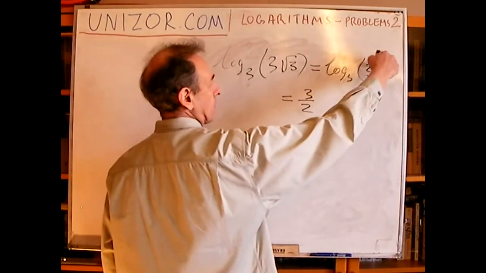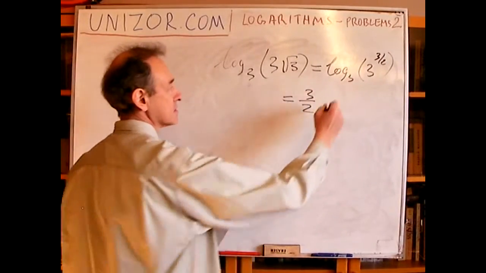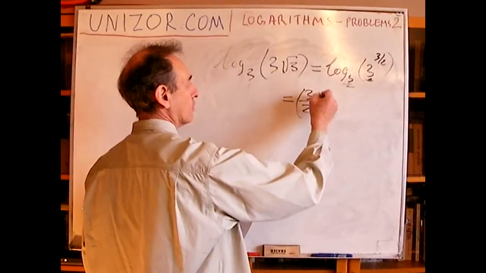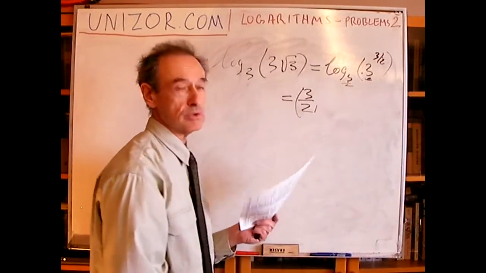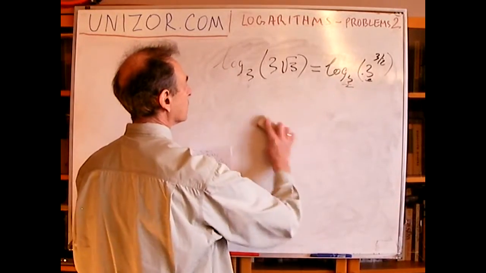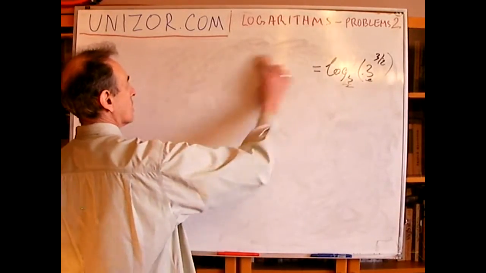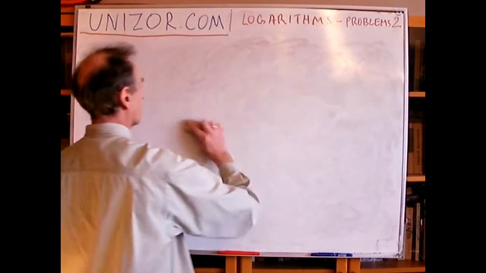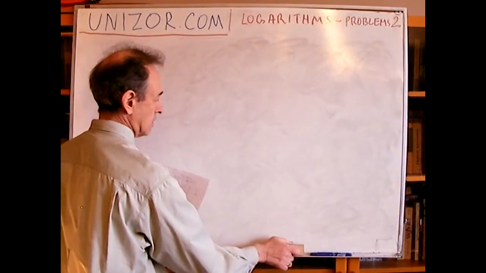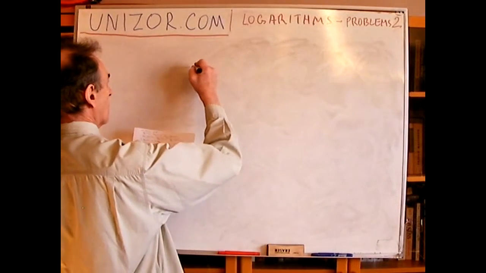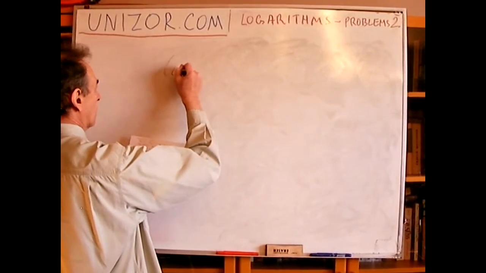The exponent of this, since the base is the same as this, 3 to the power of 3 over 2 will be 3 to the power of 3 over 2, right? So that's the way we calculate. The most important thing is to transform whatever is under the logarithm into the base in some power. And we will do exactly the same in all these cases.